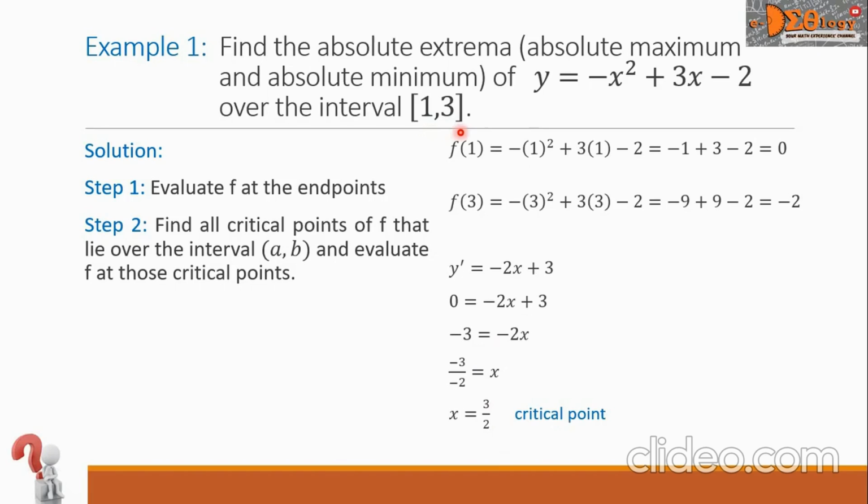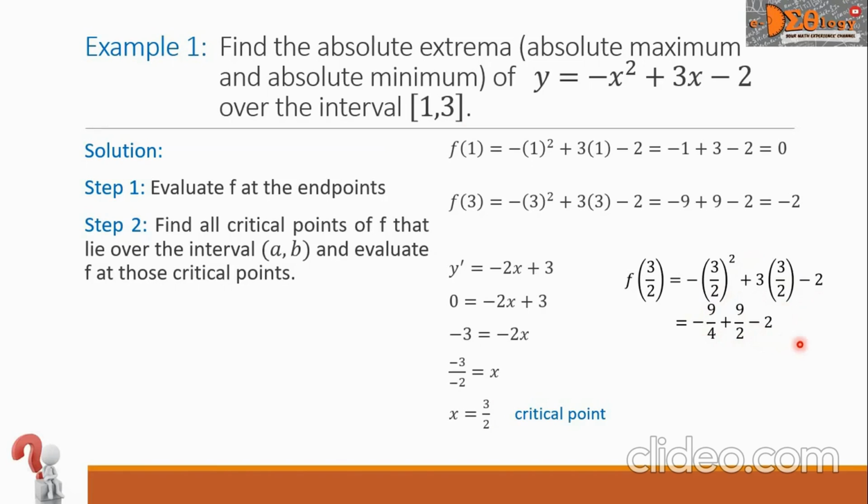Next, let us evaluate the function with respect to this critical point. So we have f of 3 over 2, and this is now equal to the negative of the quantity square of 3 over 2 plus 3 times 3 over 2, then minus 2. Simplifying further, this expression becomes the negative of 9 over 4 plus 9 over 2 minus 2.